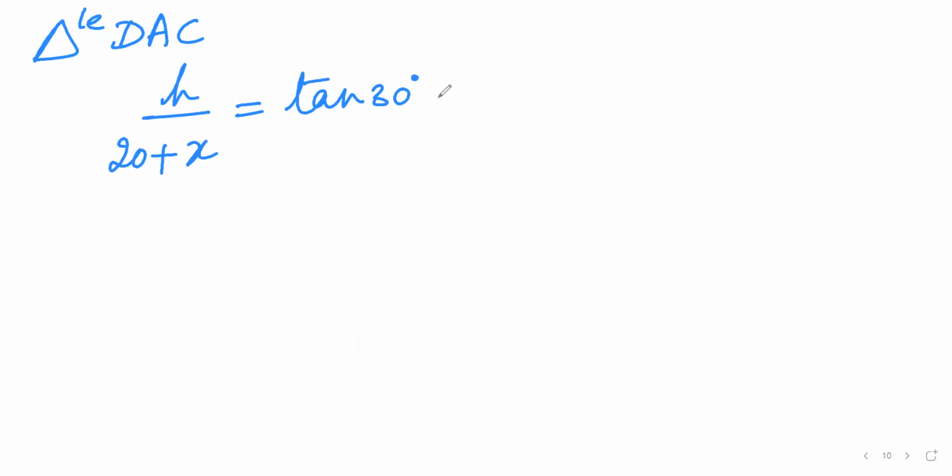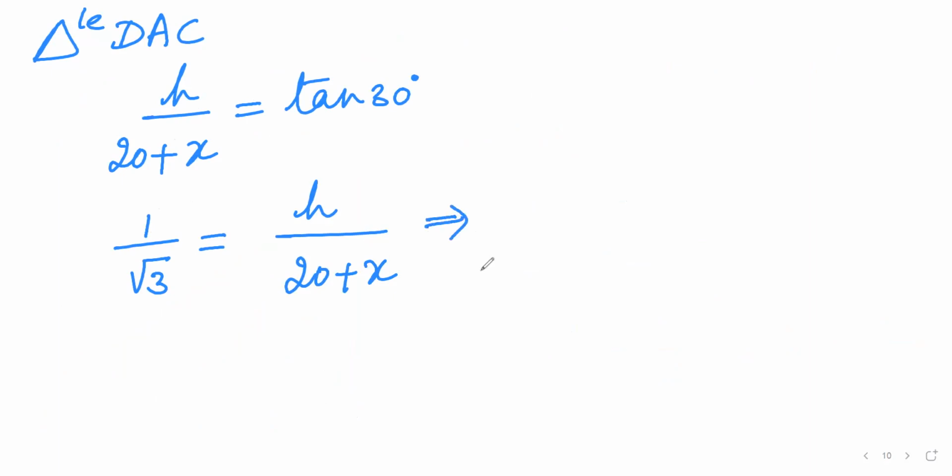So again, tan 30 equals 1 divided by root 3 equals H divided by 20 plus X. Now what will happen here?